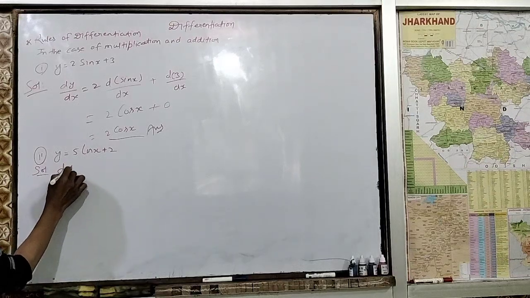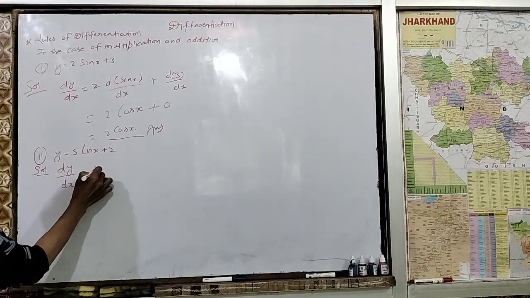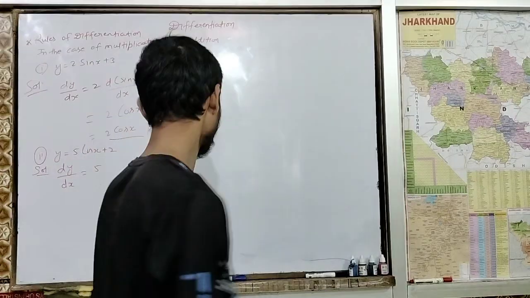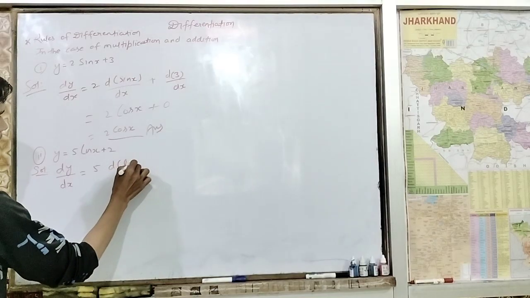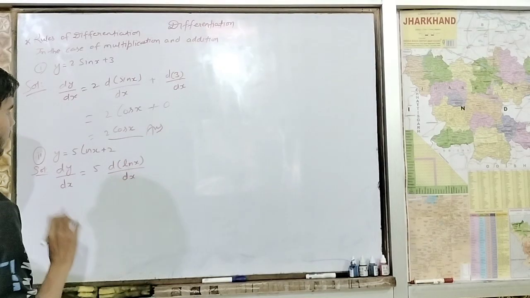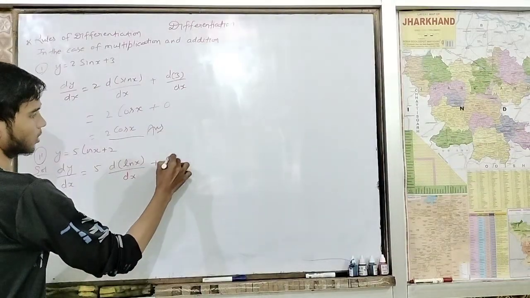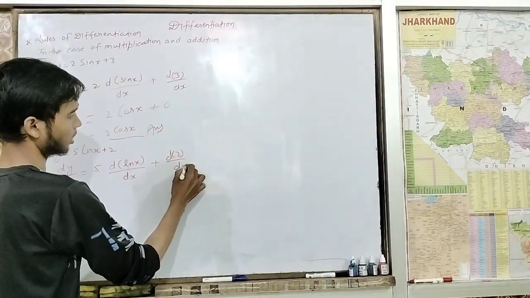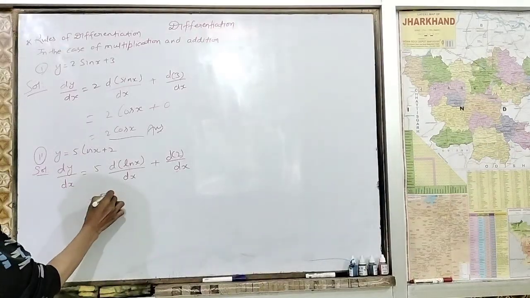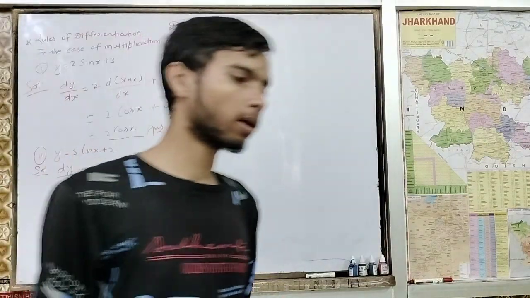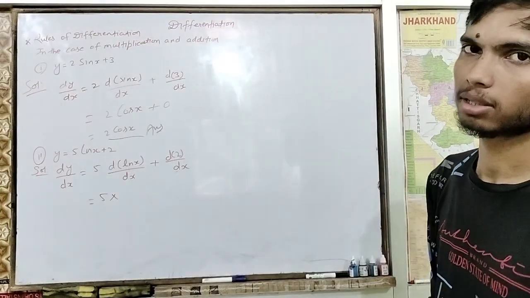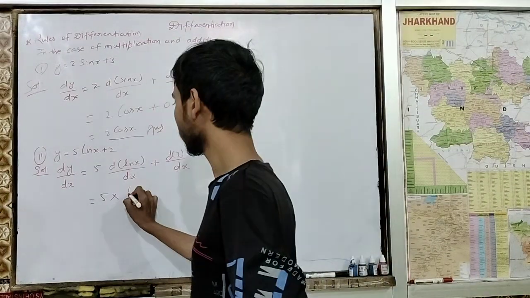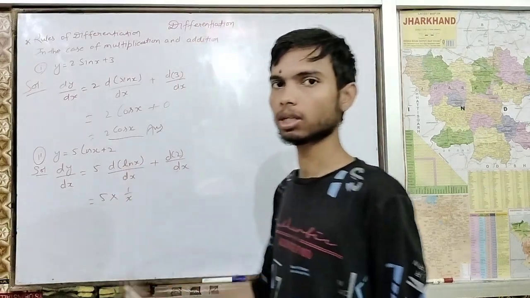First step is dy upon dx. 5 is in multiplication, so this will stay as it is, times the differentiation of ln x, plus the differentiation of 2. The differentiation of ln x is always 1 upon x, just the reciprocal of x.